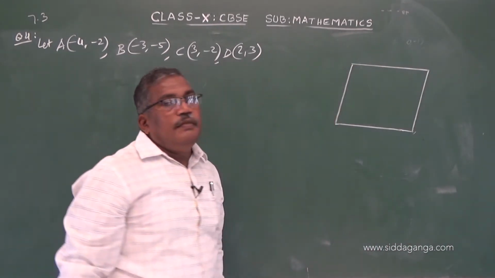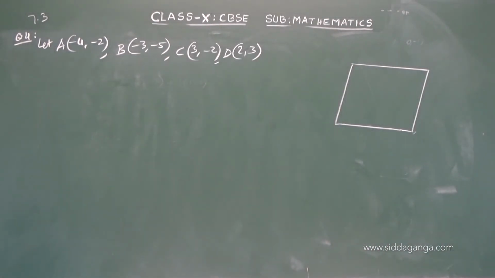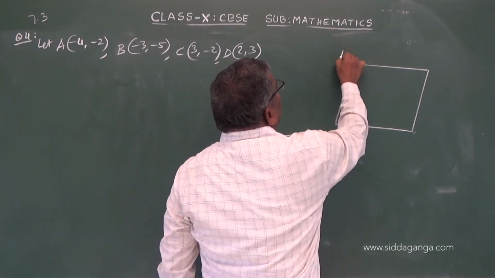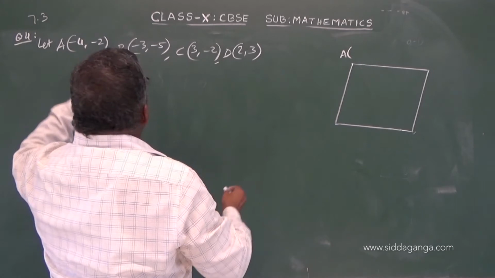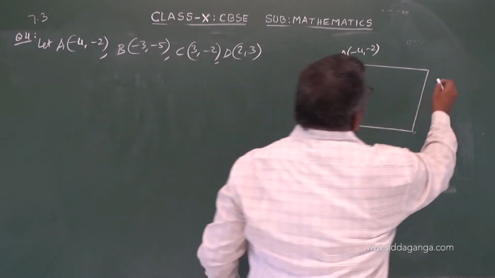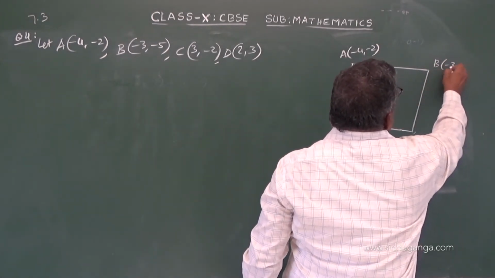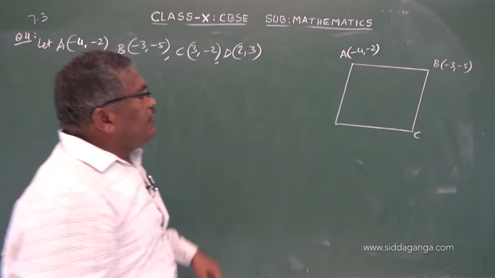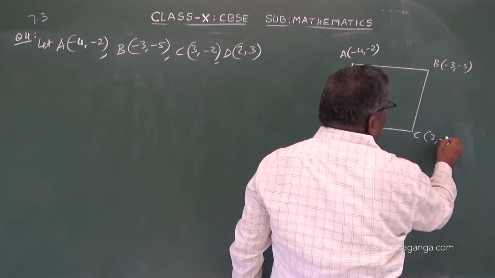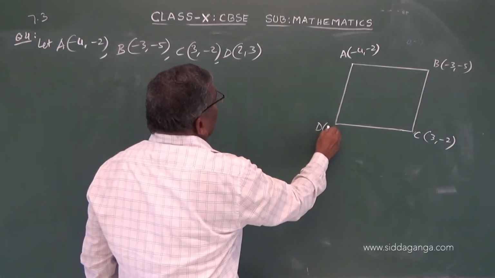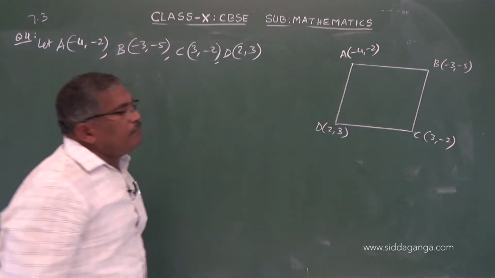So this is the ABCD quadrilateral. Point A has coordinates (-4, -2), B is (-3, -5), C coordinates are (3, -2), and D coordinates are (2, 3).